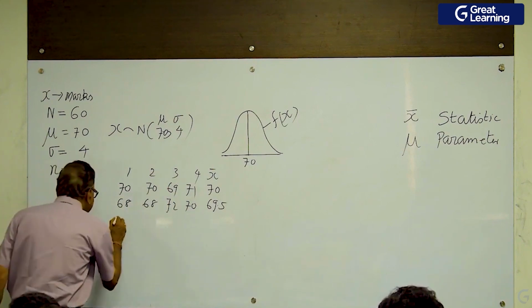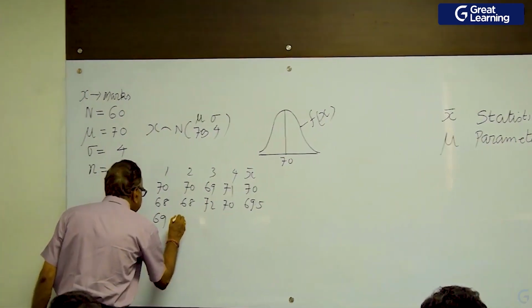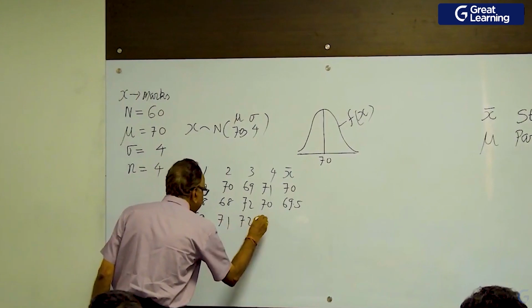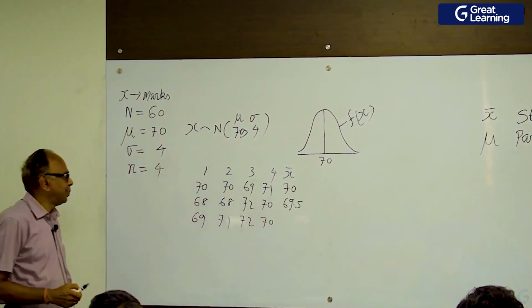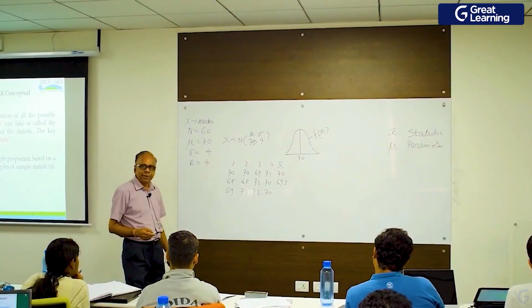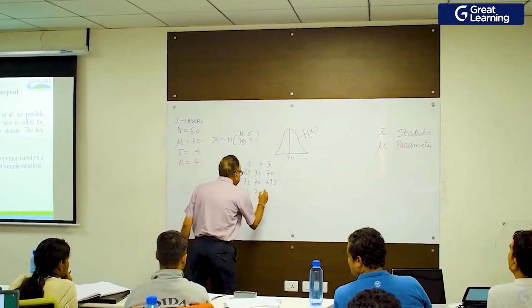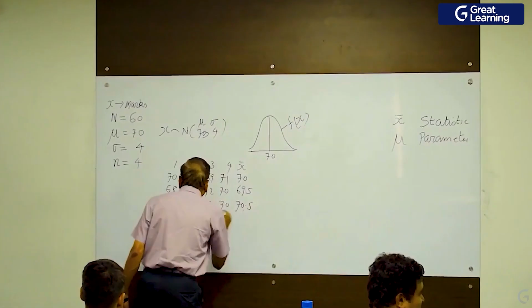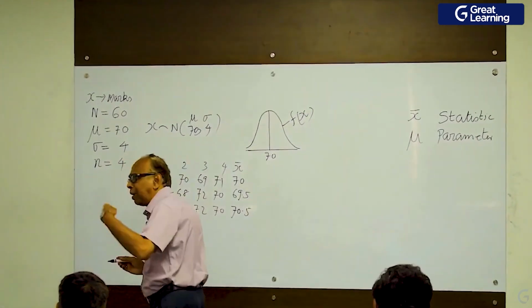Then I have another one here: 69, 71, 72, 70. 70.5. Brilliant. I keep on doing this a number of times.